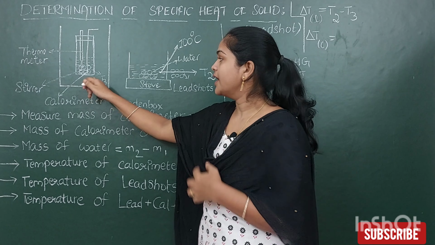Yes, so now you have the values of heat of lead shots, heat of calorimeter and heat of water. So what are we going to obtain? We are going to obtain the specific heat of lead shots. So let's write the formula.